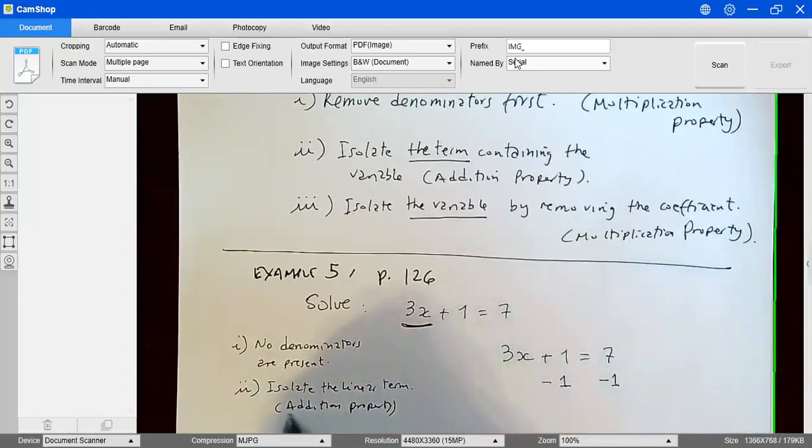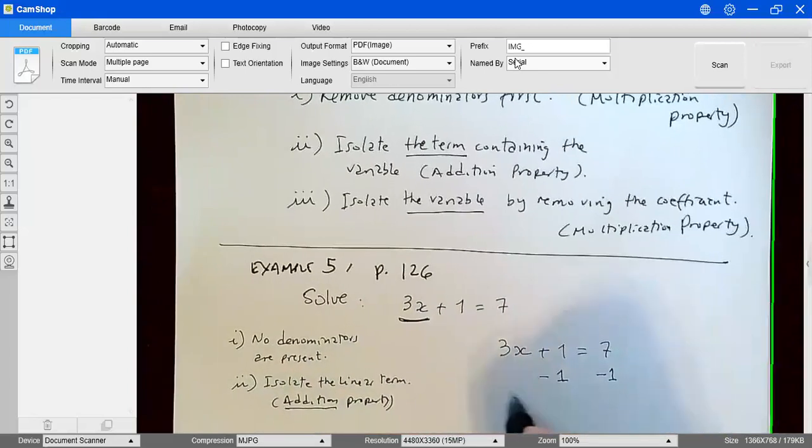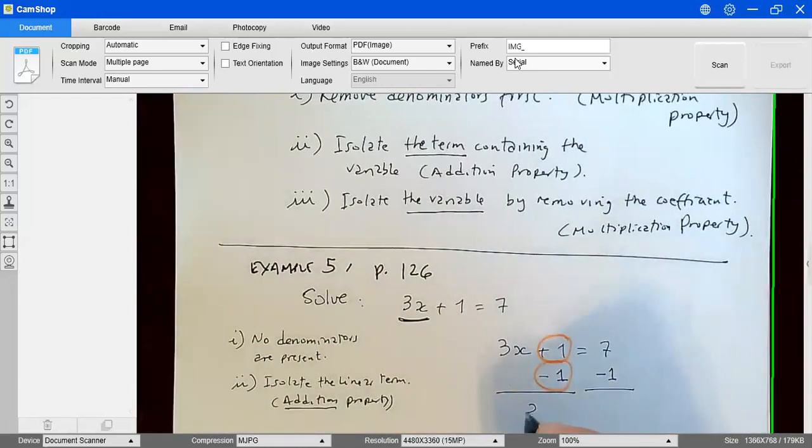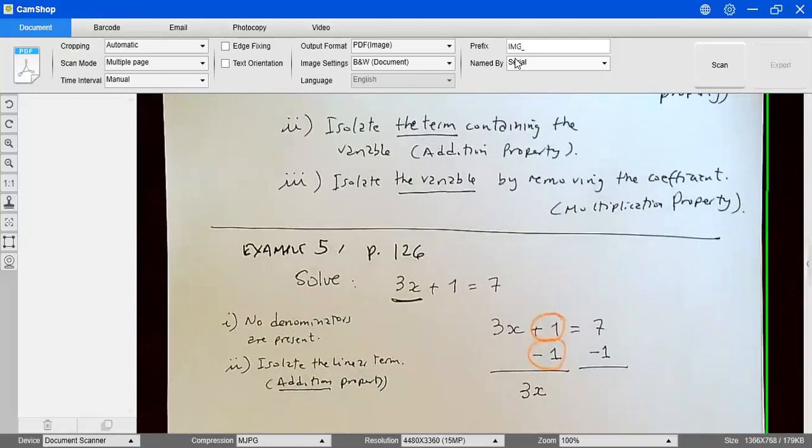That's the addition property. Be careful. If you do that, these two constant terms cancel each other, so you end up with the linear term. The linear term contains the variable, but still contains a coefficient. So 7 minus 1 is going to be 6.